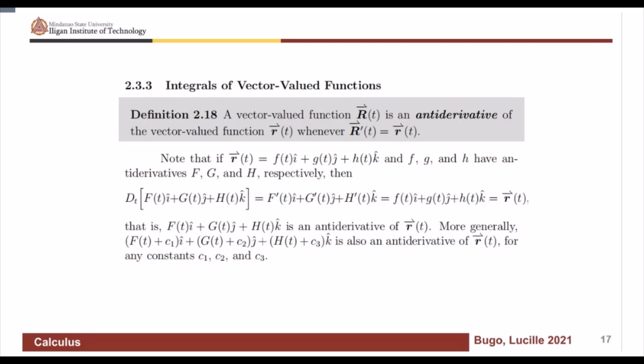So note that if r of t is equal to f of t i hat plus g of t j hat plus h of t k hat, and f, g, and h have antiderivatives F, G, and H respectively, then the derivative of the vector valued function capital R is equal to F prime of t i hat plus G prime of t j hat plus H prime of t k hat, or equal to lowercase f of t i hat plus g of t j hat plus h of t k hat, which is equal to the vector valued function lowercase r.